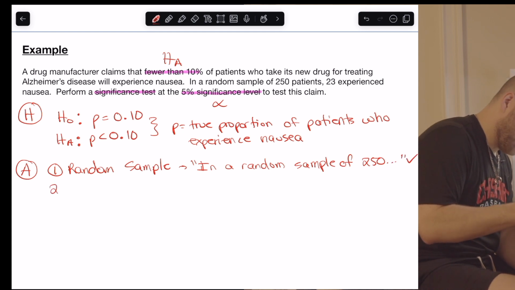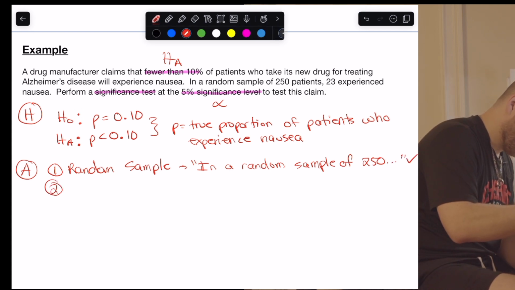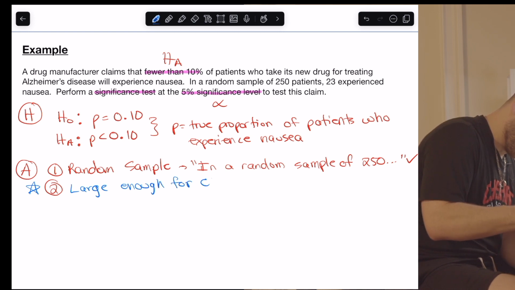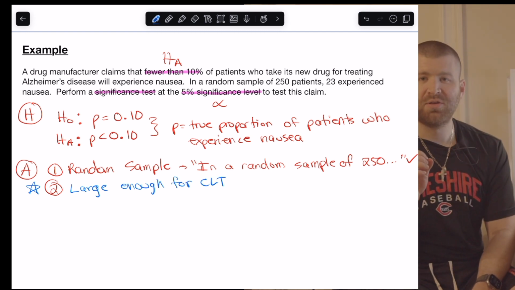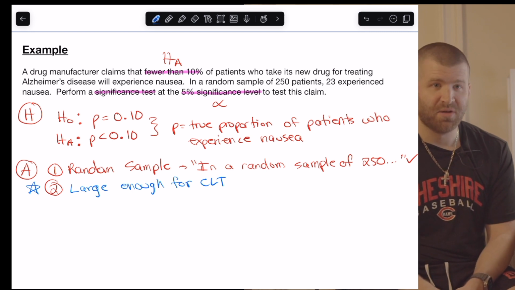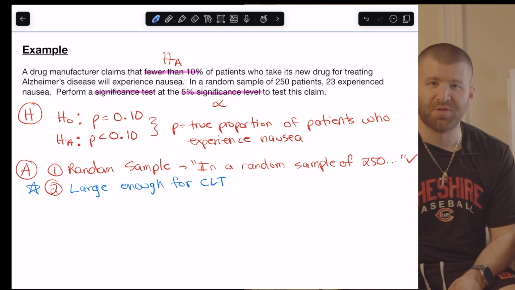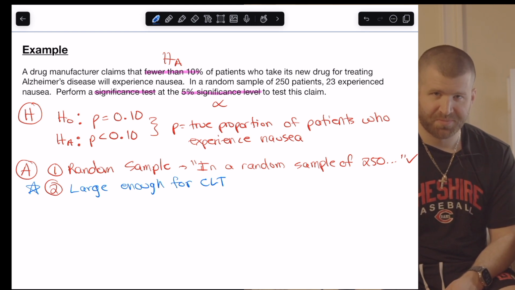Now, here is where things change slightly. For my large enough for CLT, we are used to, in confidence intervals, using the numbers from the problem. So like in this one, it says that 23 people experienced nausea, right?